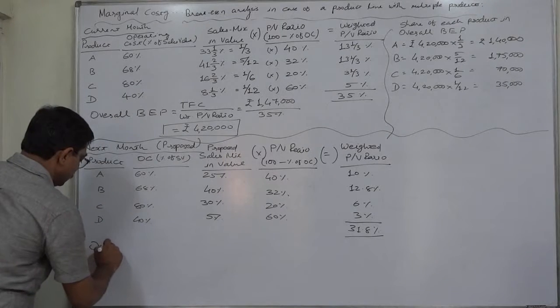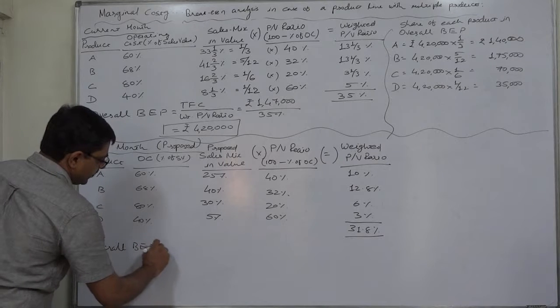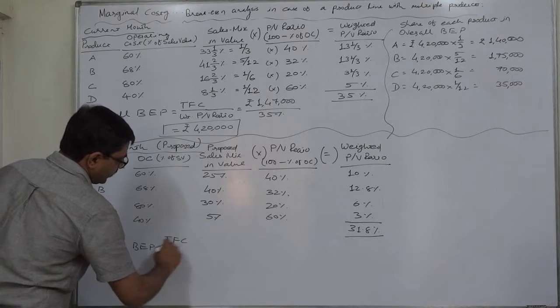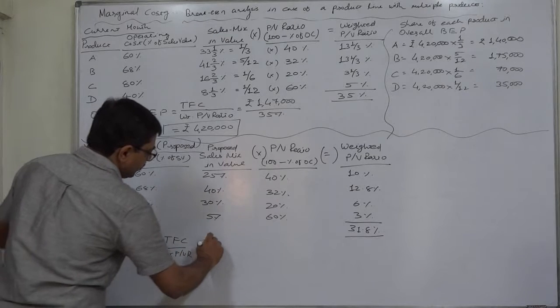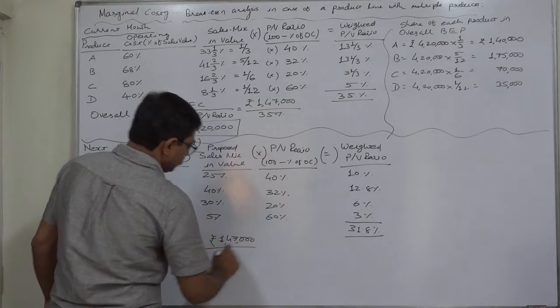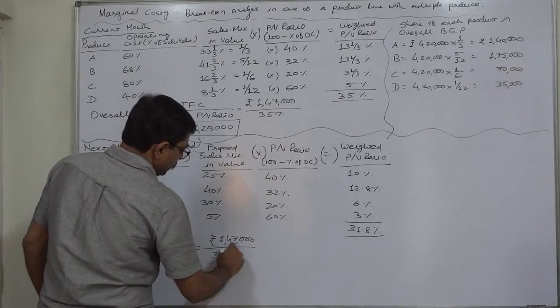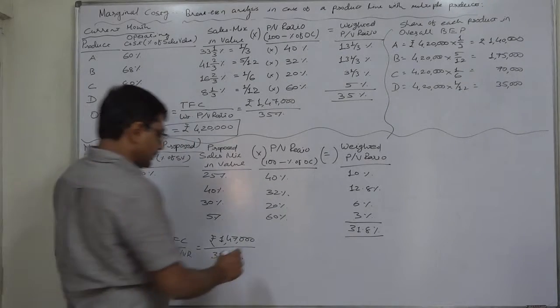Let us calculate the overall BEP. That is break-even sales value, total fixed cost upon weighted PV ratio. Fixed cost, there is no change. It is going to continue at rupees 1,47,000, but the overall PV ratio has decreased to 31.8%.